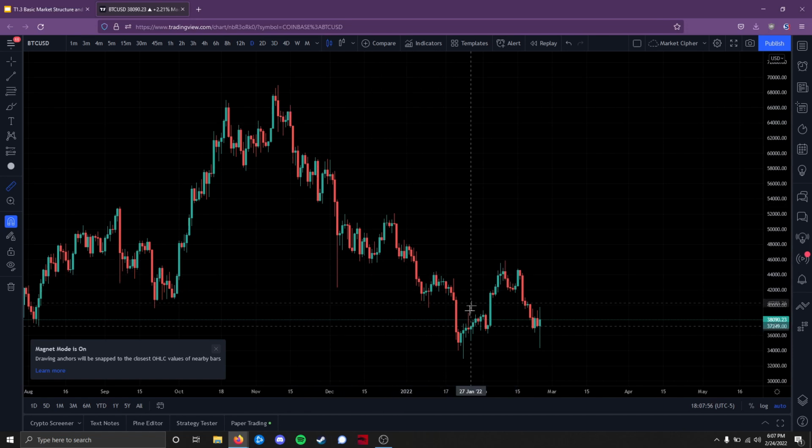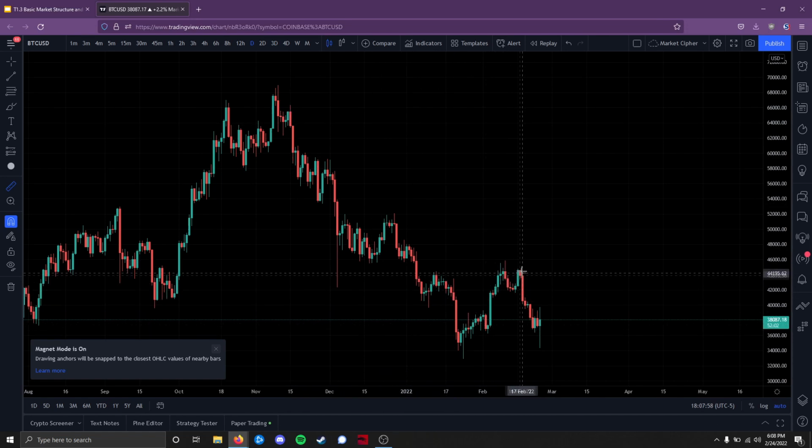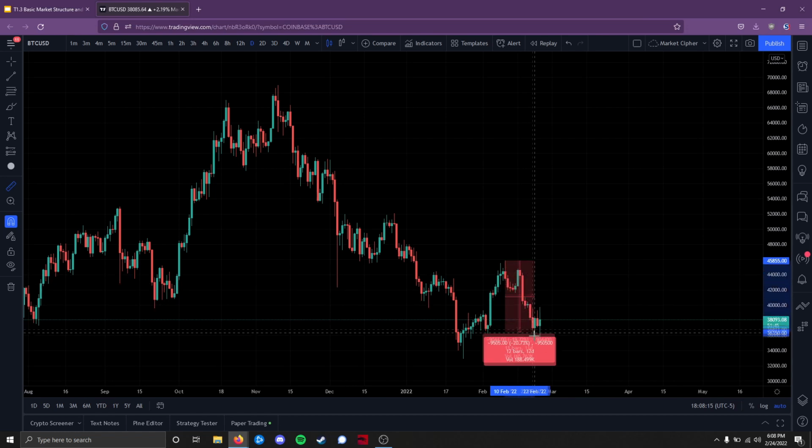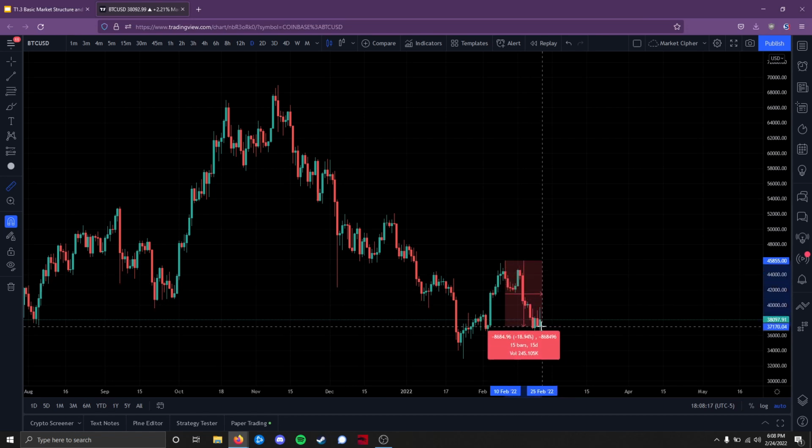And I can start to measure out these moves, right? Let's say Bitcoin reached this recent high, this local swing high of about $45,855. This is on February 10th. Let's say from here to our lowest price, how big of a percentage change was that, and how long did it take?